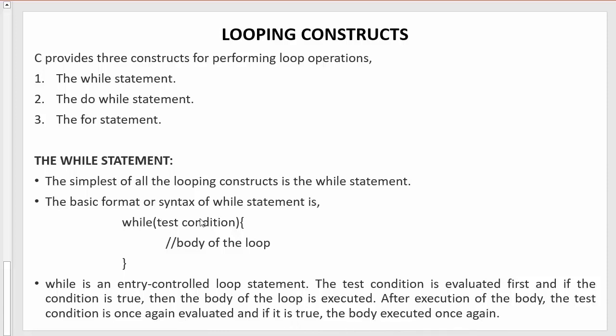Once the test condition is true, the body of the loop gets executed, and then control comes back to the while, where the condition is tested again with some other value. If the condition is true for that value as well, the body of the loop gets executed again. This process keeps continuing until the condition becomes false.